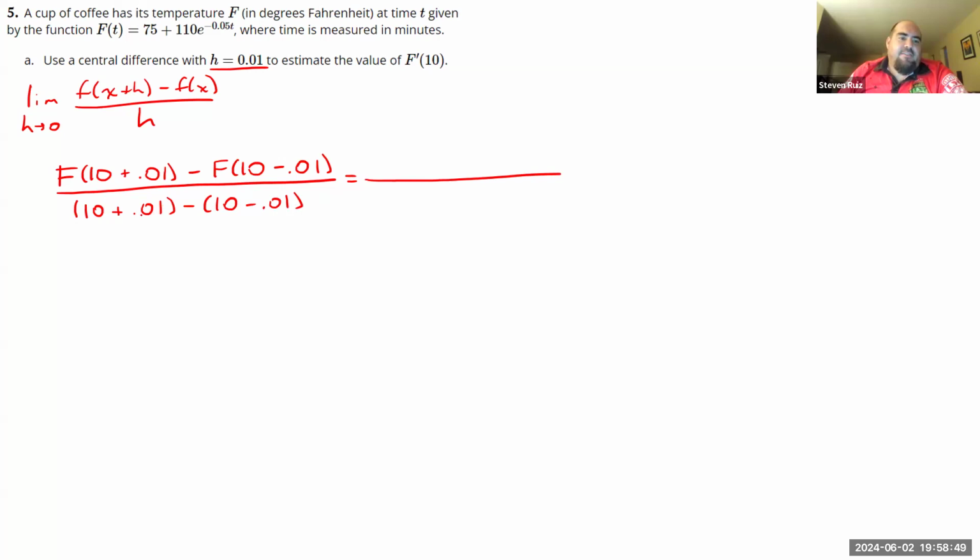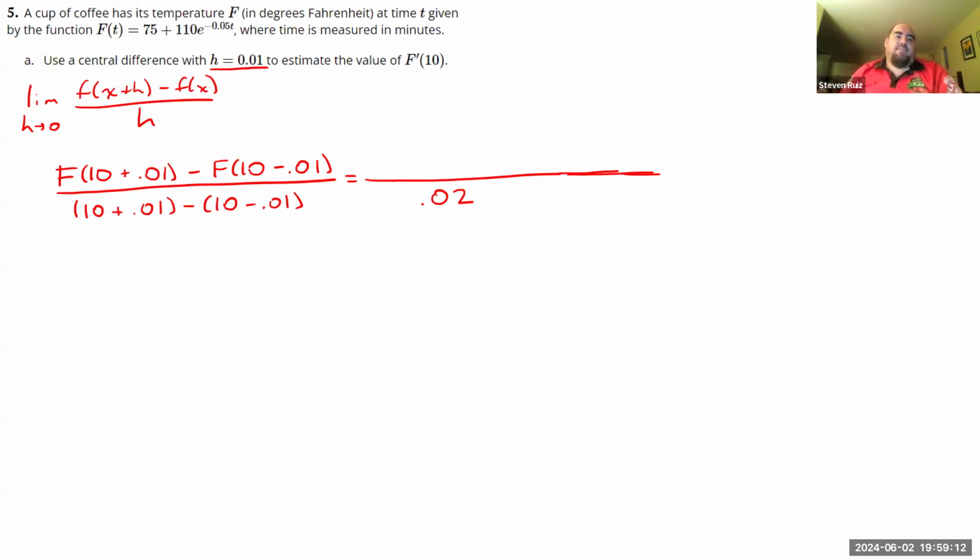The 10s are going to cancel. I'm going to have 0.01 minus negative 0.01, so that's positive 0.02. Since our h is 0.01, but both of our points deviate from 10 by that much, we get double that difference as our change in x.